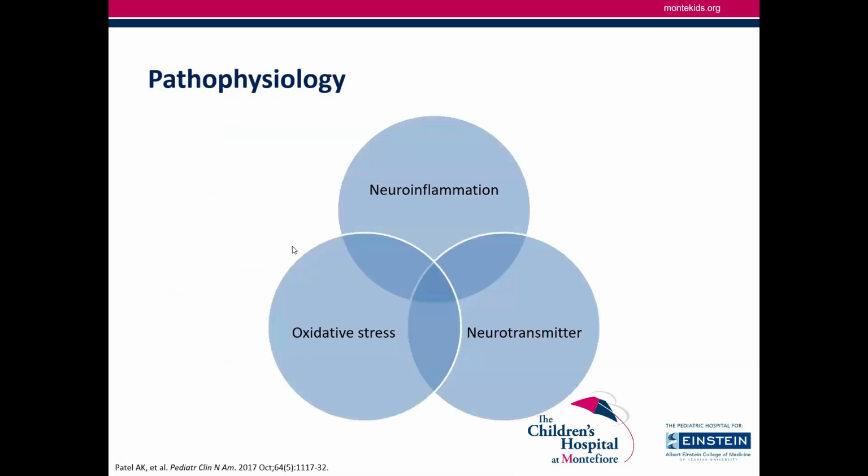There are a few components that contribute to the pathophysiology: neuroinflammation, a neurotransmitter change, and oxidative stress. The neuroinflammation really occurs from a change in systemic inflammation. This leads to a production of inflammatory markers that can lead to local ischemia as well as neuronal apoptosis.